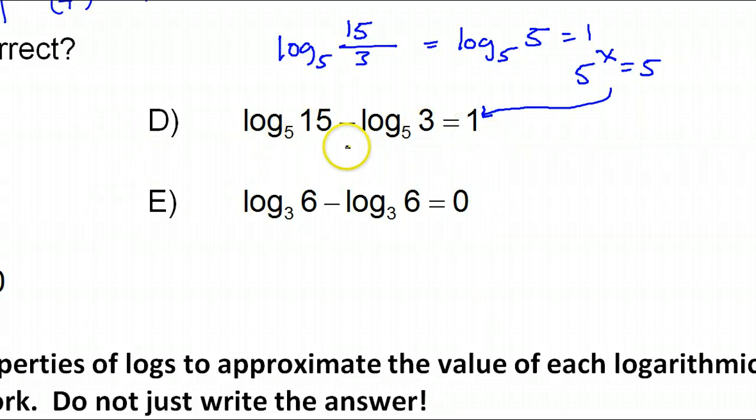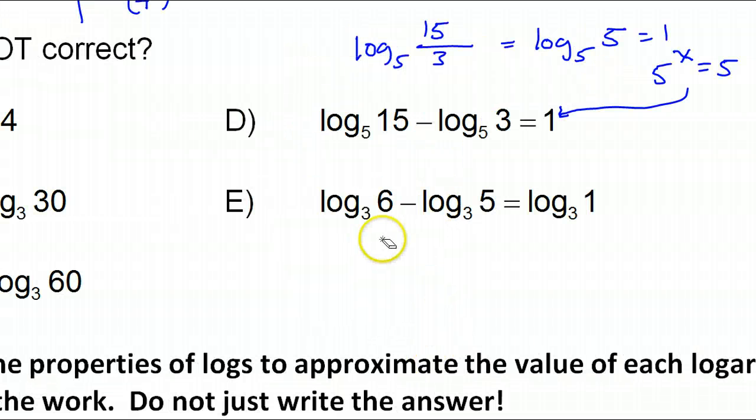So D also works. So E must be the one that's wrong, alright? It's just a matter of figuring out why it's wrong. Let's just be sure in case we made a mistake on one of the other ones. Alright, well we have log base 3 of 6 minus log base 3 of 5. So would that be log base 3 of 1? Because 6 minus 5 is 1. That's the trap. That's the trick. But you're not falling for it, are you?